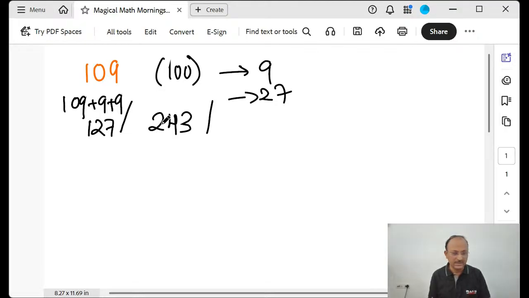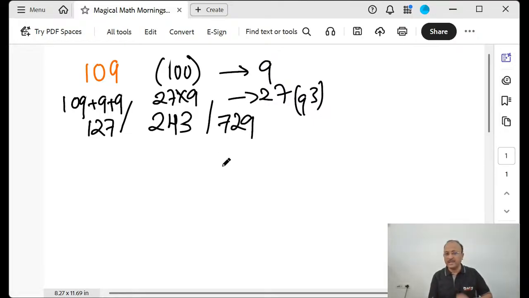The third part is just the cube of the deviation, 9 cube. 9 cube is 729.